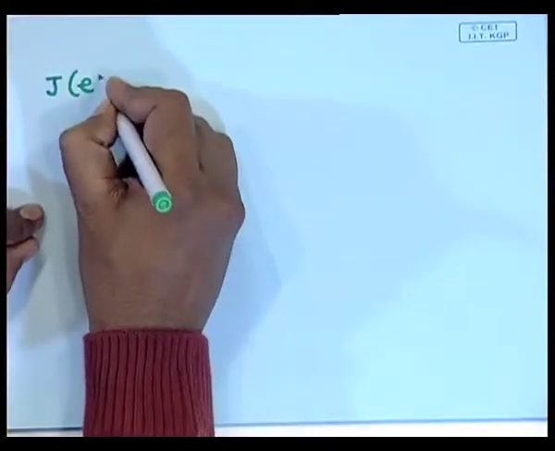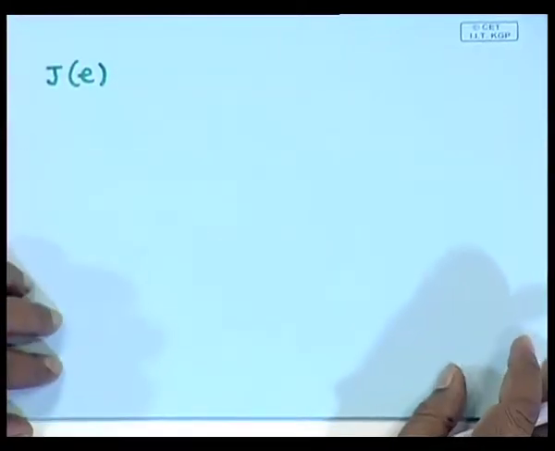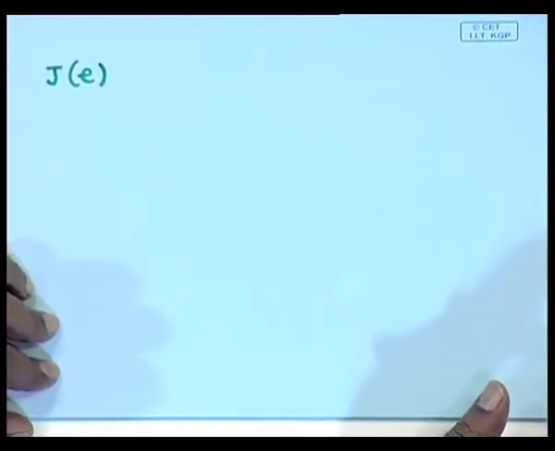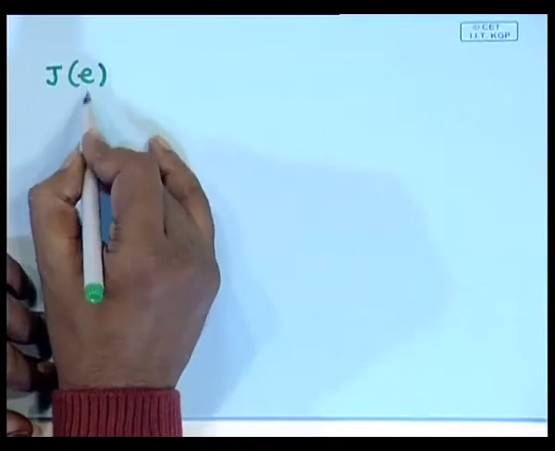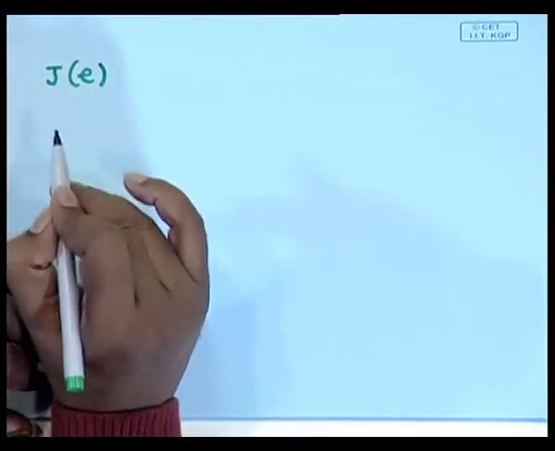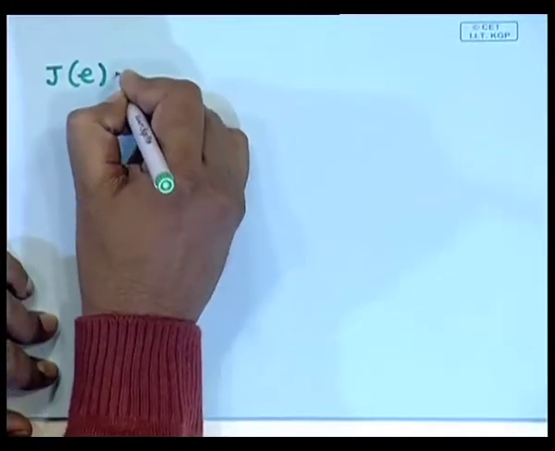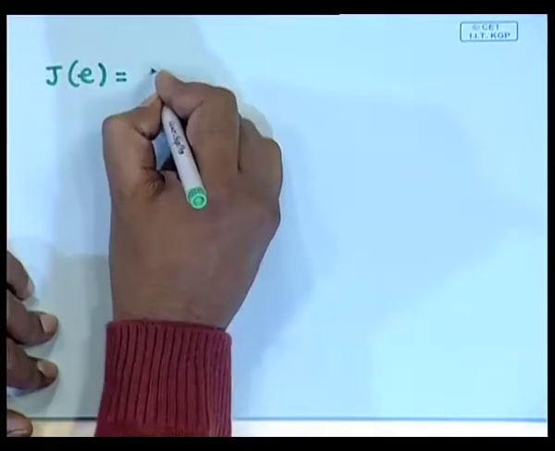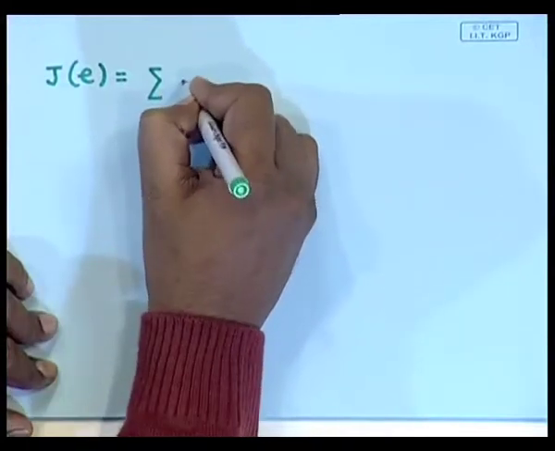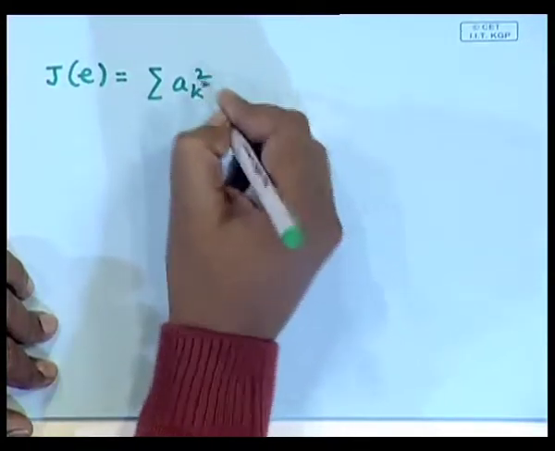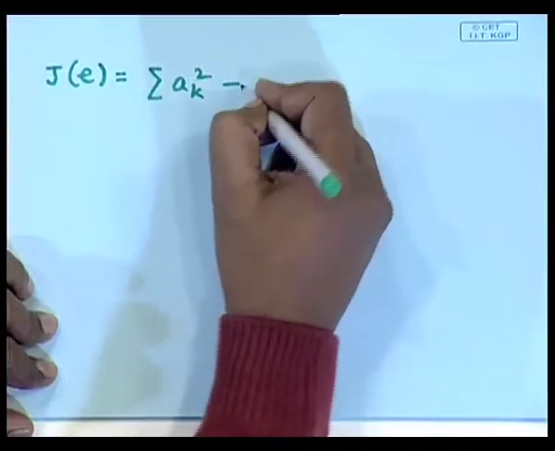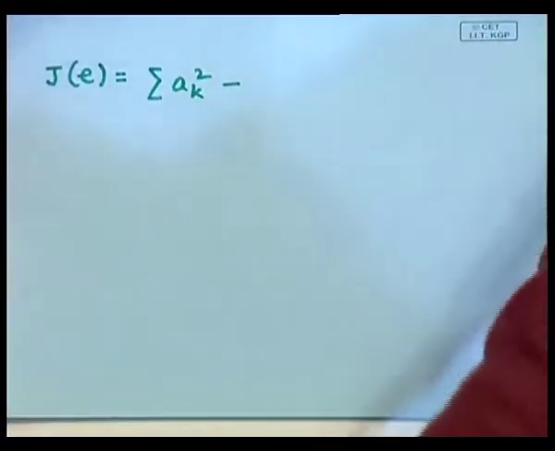So, I write this J, the criterion function, as a function of E. You remember, this E is not error, I am not saying this as error. Okay. This is the unit vector in the direction of the line. Okay. So, J(E) is equal to a k square, okay, minus, what did I have? What is that expression?